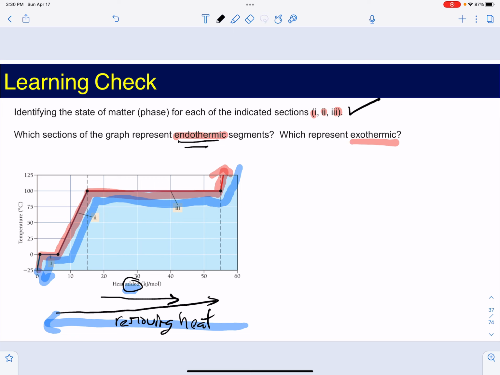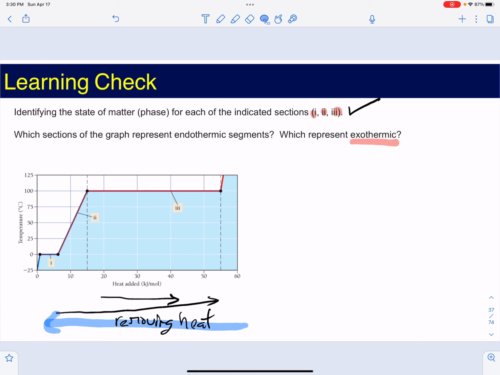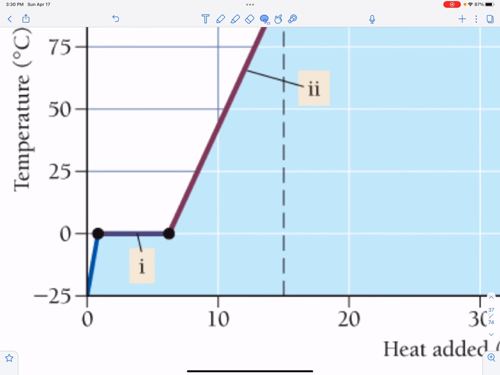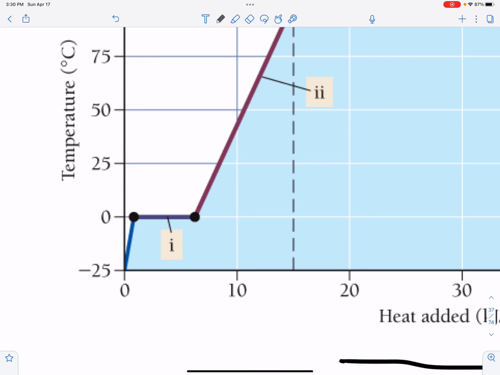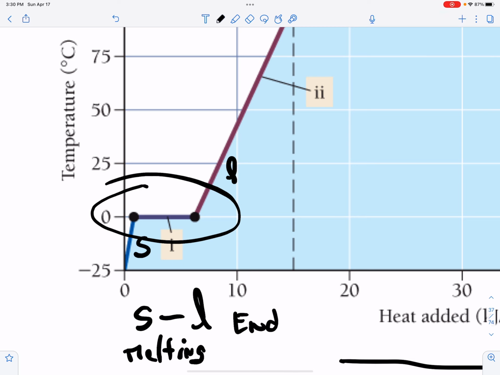So more important than that, if we're looking at this graph, in this particular point, that's where it's going from solid to liquid. So solid to liquid is what we call melting. And this will be an endothermic process.